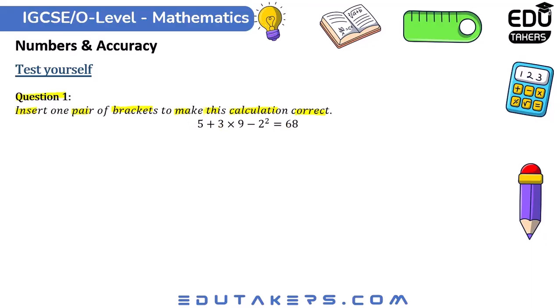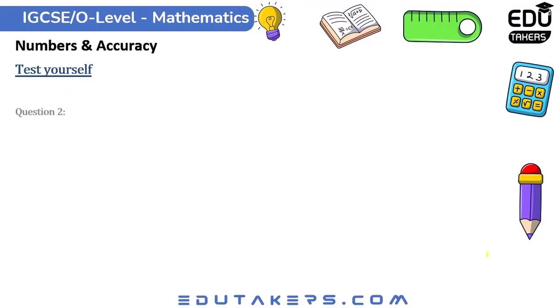You just have to put a pair of brackets to make this calculation correct. It's just a 1 mark question. Question number 2. Write down a cube number greater than 10 but less than 30. 1 mark question.